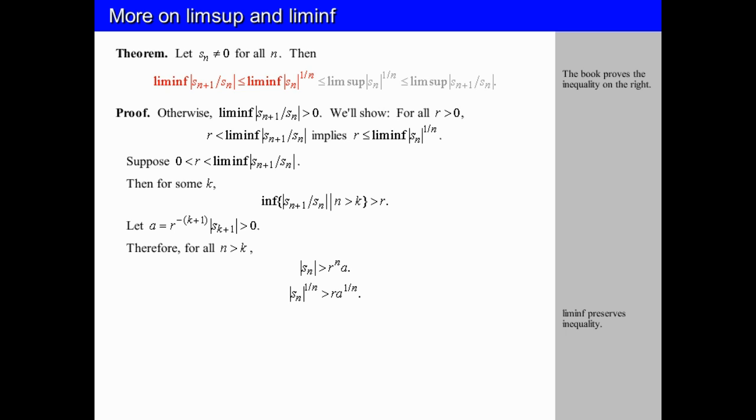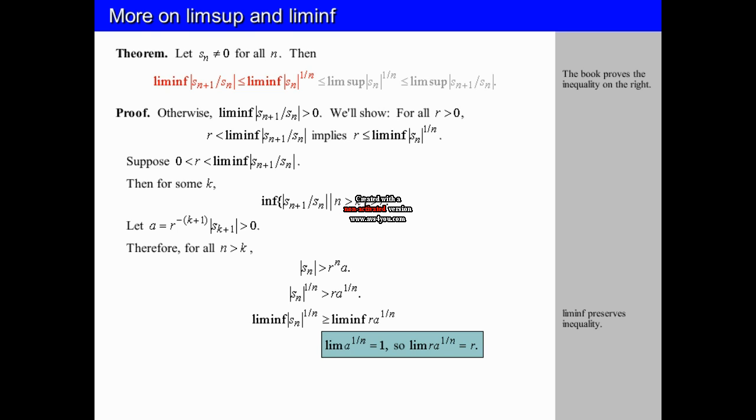Applying lim_inf, which will preserve the inequality, we obtain lim_inf of the absolute value of Sn to the 1 over n is greater than or equal to lim_inf of r times a to the 1 over n. But we showed many lectures ago that a to the 1 over n converges to 1. So r times a to the 1 over n converges to r.